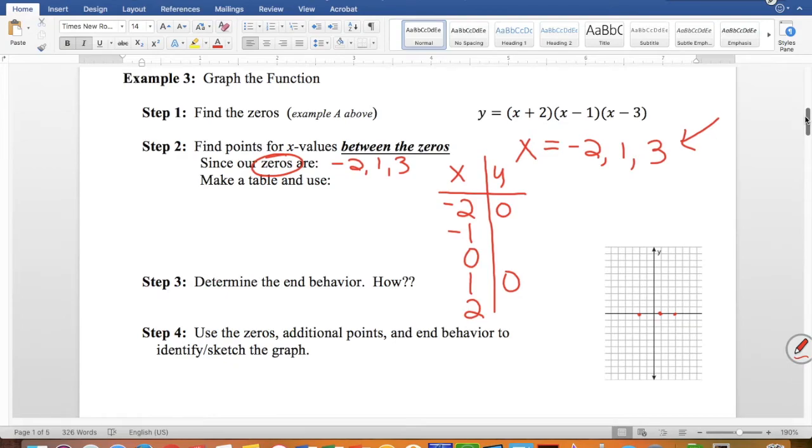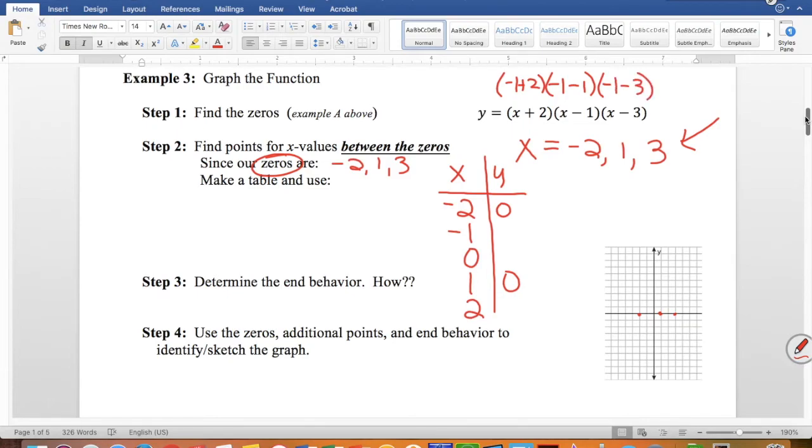Well, this is a little bit tricky because we don't have it multiplied out. We could go ahead and FOIL these and multiply them together and get it into x cubed form, or we could honestly just put negative 1 in for each parenthesis. So negative 1 plus 2, negative 1 minus 1, and negative 1 minus 3.